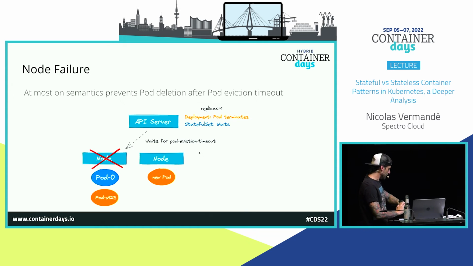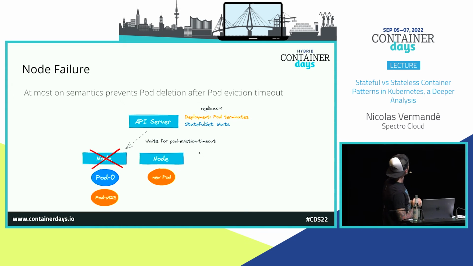An interesting thing is node failure, right? Node failure with a StatefulSet is quite interesting because for a stateless deployment, stateless container, it's easy. A node fails, the API server waits for the pod eviction time, and then marks the pod as terminated, and suddenly the pod can be recreated on whatever node.